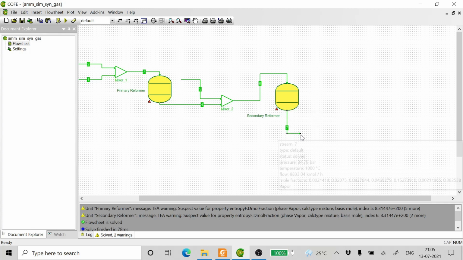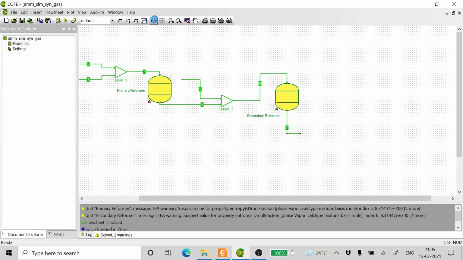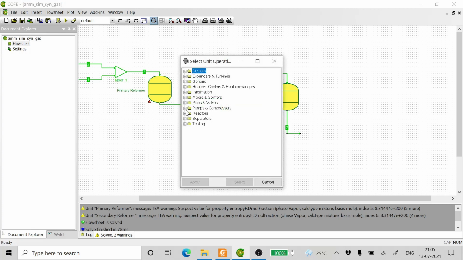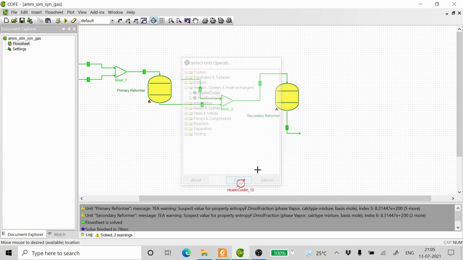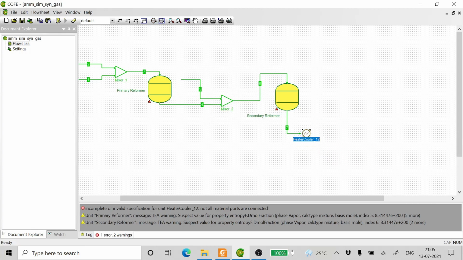And also the stream number 7, when it enters the shift reactor, is going to cool down. It's going to enter at 350 degrees Celsius. So we will have to cool it down. For this, we will have to place an exchanger which will raise steam. So we go to our unit operations, select heater coolers and place it. Rename this as steam generator.